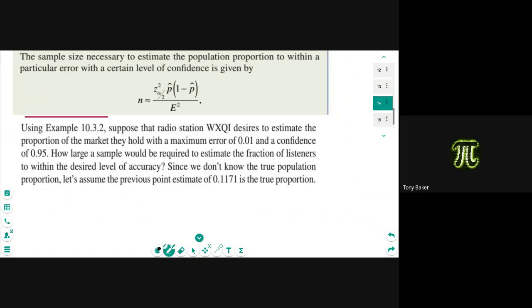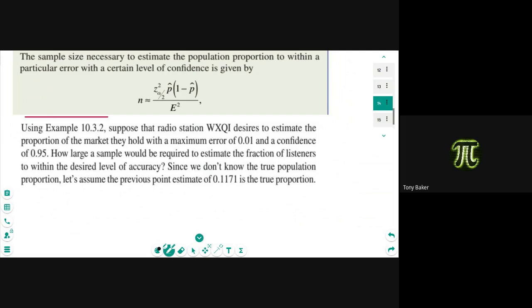This is what they're doing. This is the formula for it. Notice, this formula has nothing to do with anything except for what the proportion they have is. In most of those situations, they assume the proportion is 50-50. So if we're looking at this formula here, we'll use our 95%, so 1.96.